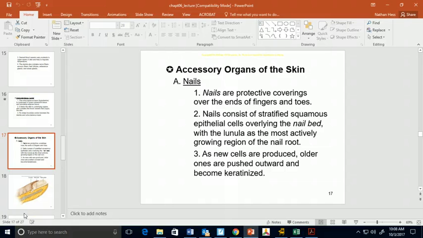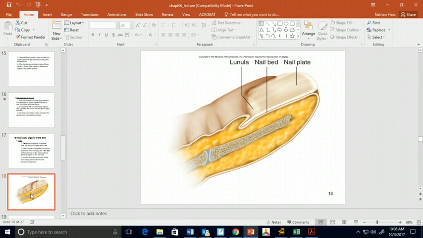Okay, what are nails? Nails are the same stratified squamous epithelium that's in the skin. But wait, then why isn't all your skin nails? Because it has more keratin, more of this protein that makes it harder. And the nails actually grow from this bottom region called the lunula. That's where the nail is actually dividing and producing new nail cells.